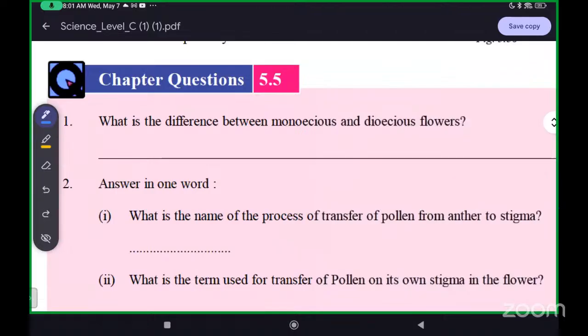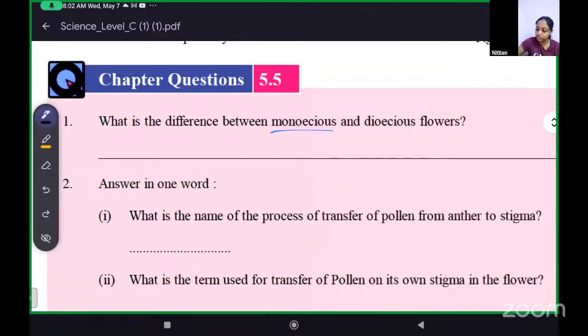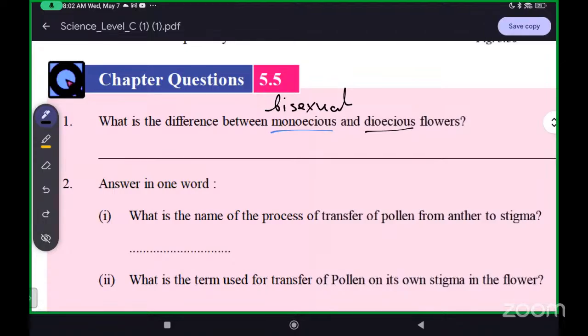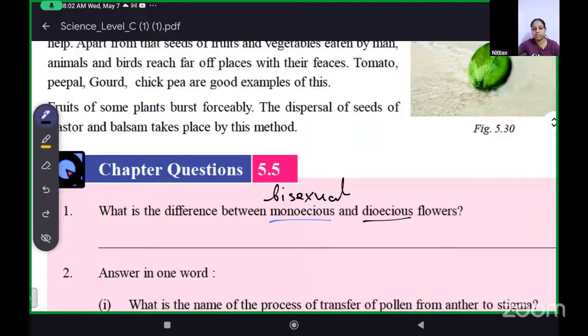Okay, I'll make the terms simpler for you all. Monoecious means, and dioecious plants means, one which has its own gender. Asexual.